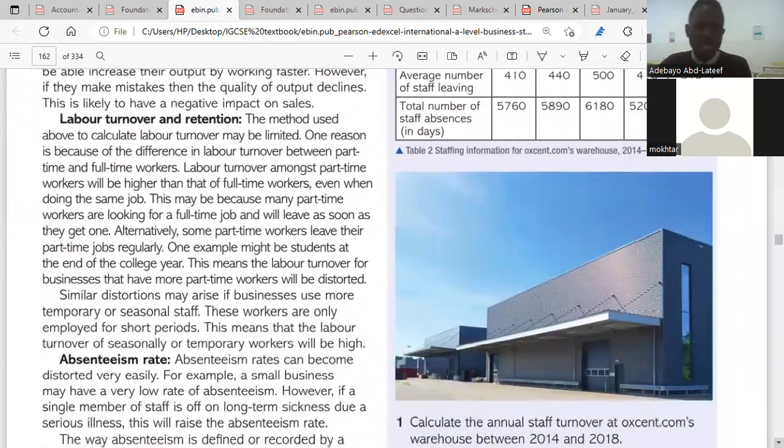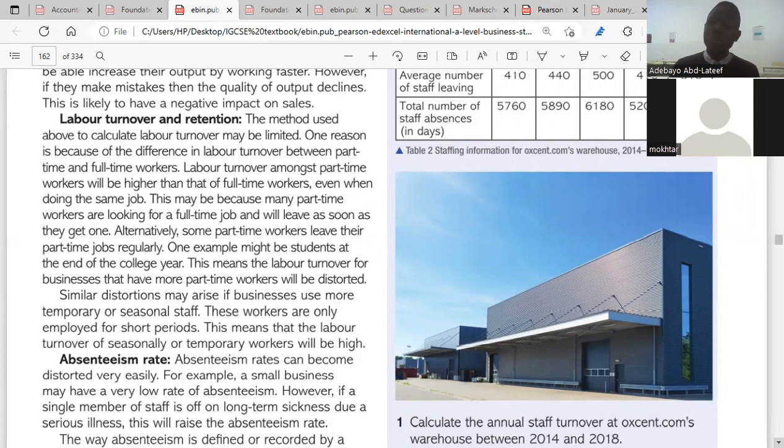For labor turnover and retention, I wrote, it will be limited because of part-time and full-time workers. When we talk about labor turnover and labor retention, it is difficult to calculate because some companies employ more part-time workers than others, and some companies employ more full-time workers than part-time workers.